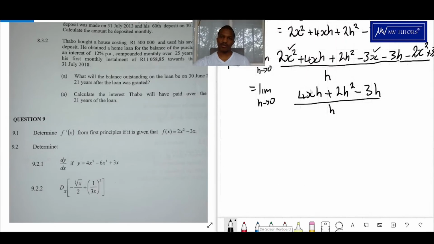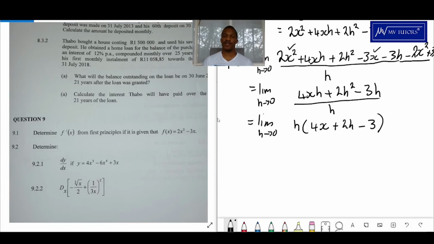Okay, still moving forward. Still have to write this again because we haven't substituted yet. So what I'm going to do is factorize this. I'll take out what's common, which is h, and then I'm left with 4x, and then here it's going to be plus 2h, and then minus 3, just like that.